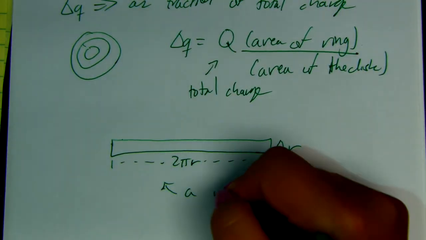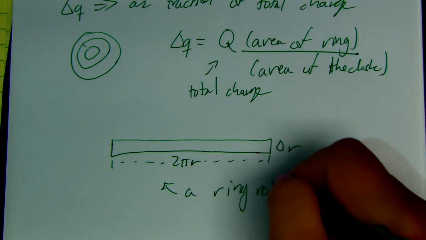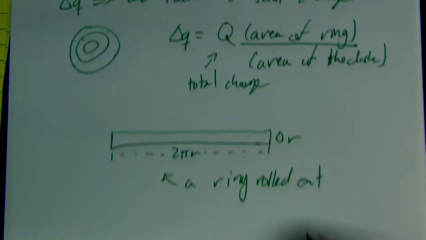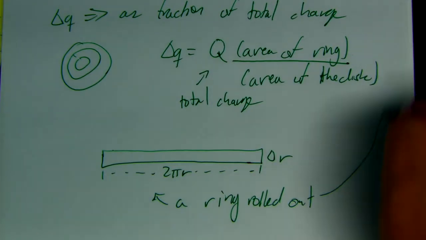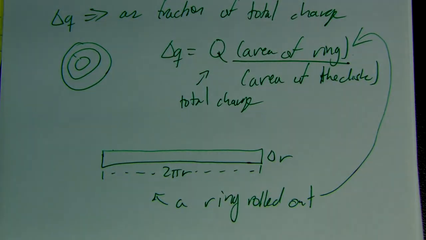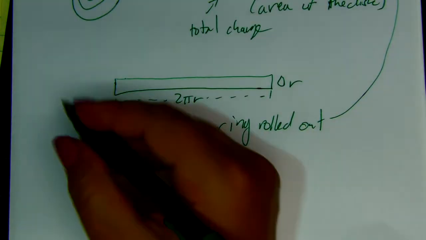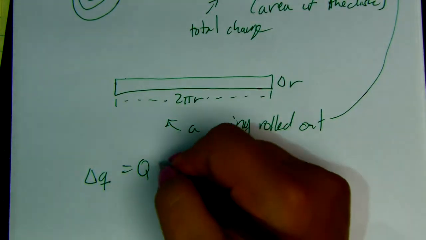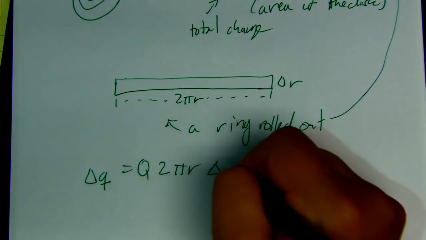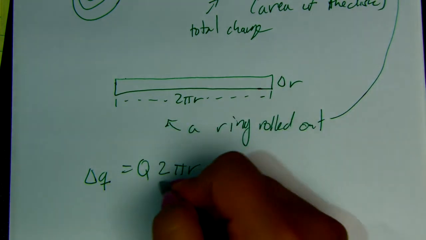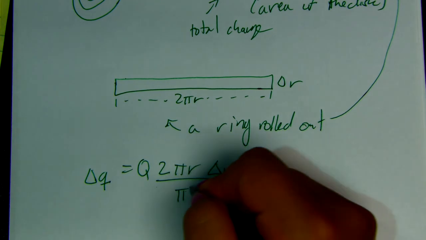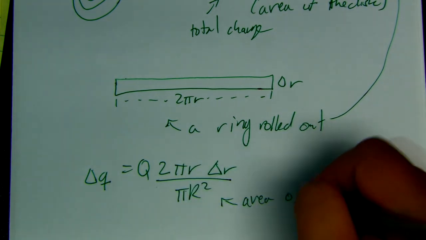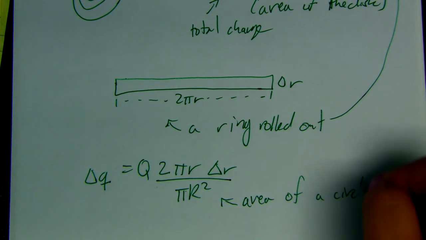So this is a ring rolled out. Sounds like an art house film title. Okay, so now that we have the expression for the area of a ring, we can just plug that into our equation. And so delta Q is equal to the total charge Q times 2 pi r delta r, so length times width, divided by pi R squared, which is the area of a circle.